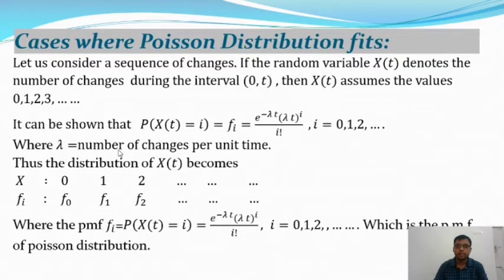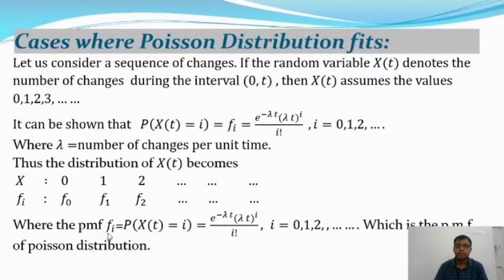And lambda is the number of changes per unit time, and mu is equal to lambda into t. So thus the distribution of X of t takes values 0, 1, 2 and up to infinity. There are an infinite number of samples in a Poisson distribution, and the corresponding f_i are f_0, f_1, f_2 and up to infinity.